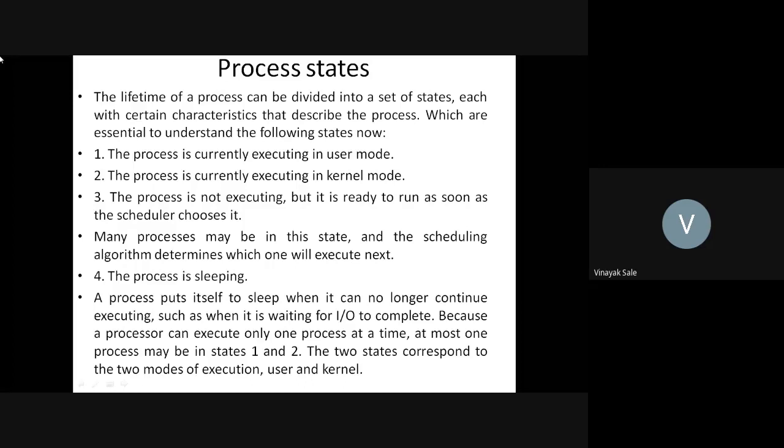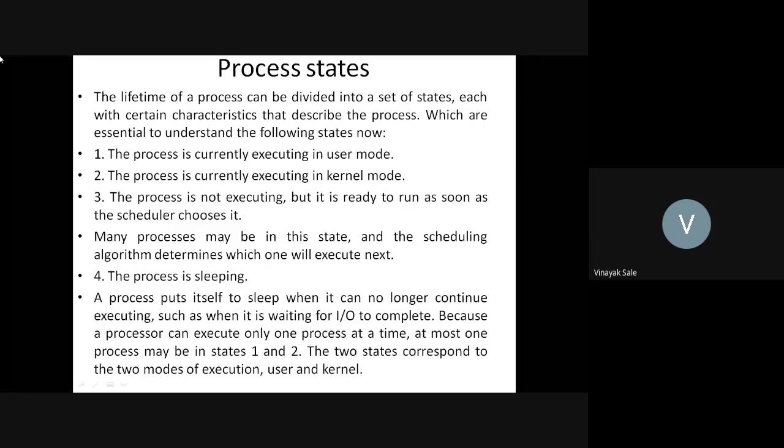Many processes may be in this state, and the scheduling algorithm determines which one will execute next. It depends on algorithms such as first come first serve, shortest job first, and shortest remaining time next.